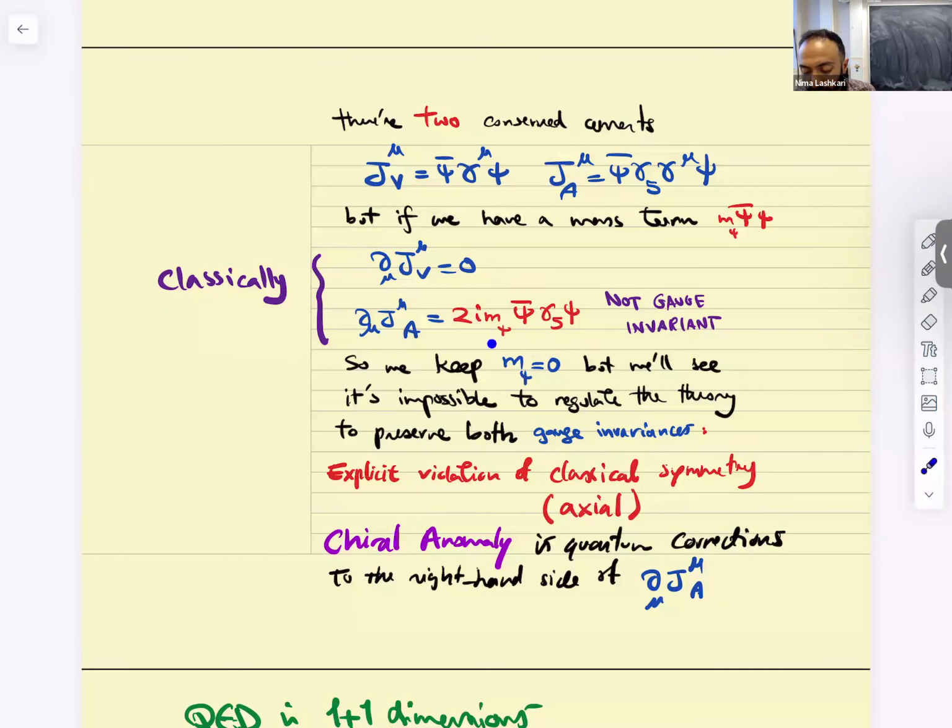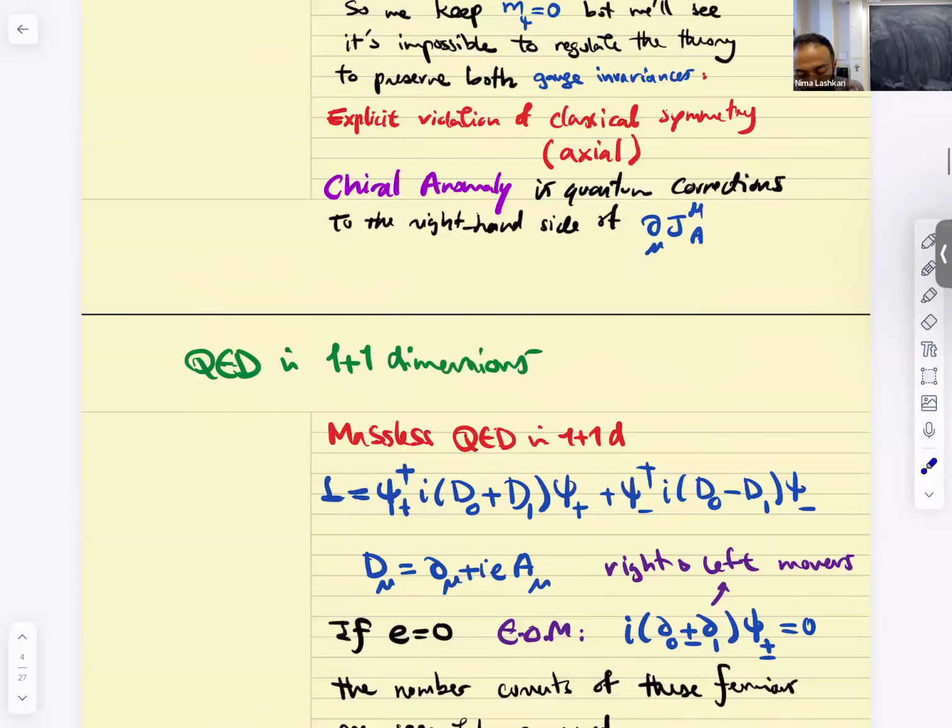If you have a mass term, it explicitly violates the axial symmetry, but let's not worry about that. That's an explicit violation. But for the chiral anomaly, this term is classically 0 at the level of the action, but it acquires a non-vanishing value because of quantum corrections.